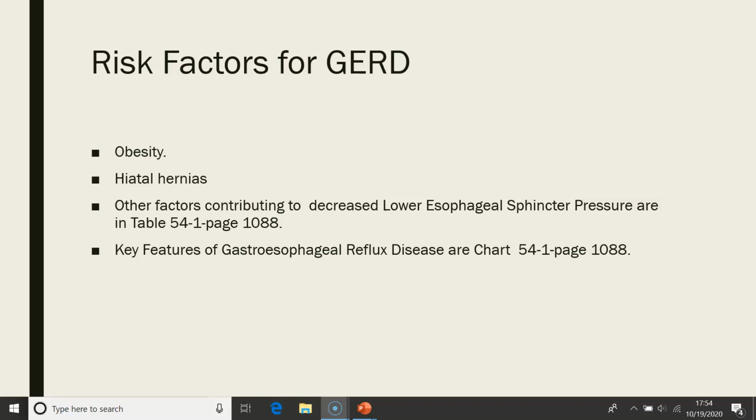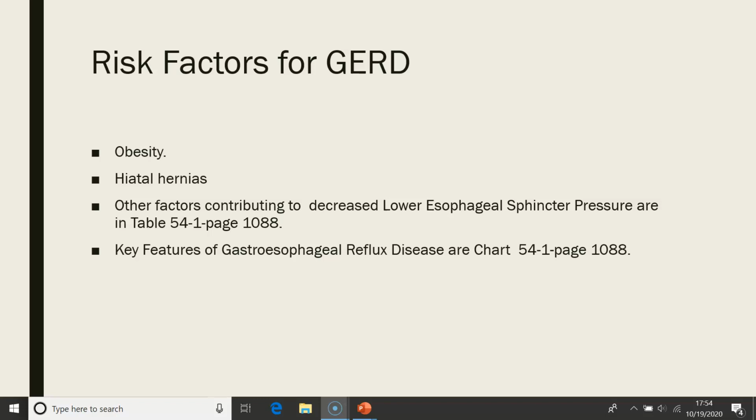A lot of times they'll have trouble with certain medications such as calcium channel blockers or nitrates. They'll tell them to stay away from peppermints. And again, almost everyone who has problems with GERD, they're going to tell them to stop smoking and not to use alcohol, because both of those relax the sphincter, causing the GERD to be worse. Okay, so this is one of the reasons that can contribute to GERD.